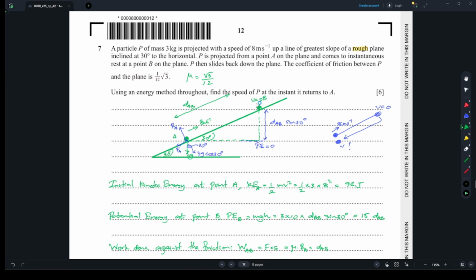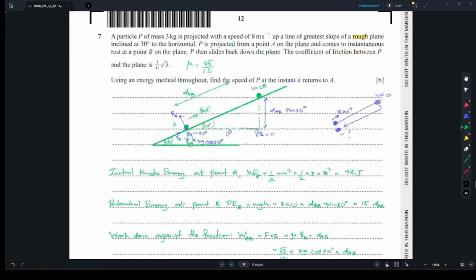Some amount of kinetic energy... when you reach point B, you don't have a velocity, so you have only potential energy. If there's no loss of energy, then the initial kinetic energy should equal the total potential energy. But since we have friction, some amount of kinetic energy is used to do work against the friction. So the difference between the kinetic energy and potential energy is the energy used for work done.